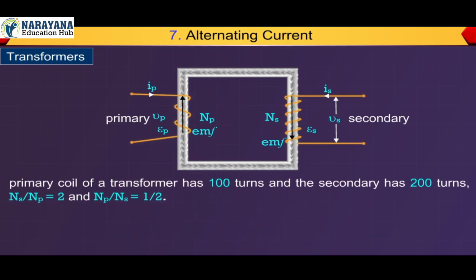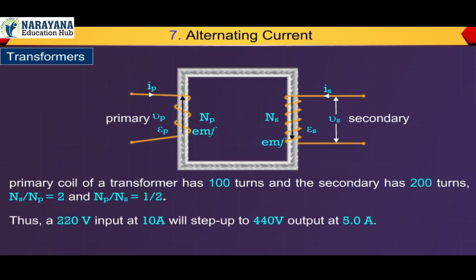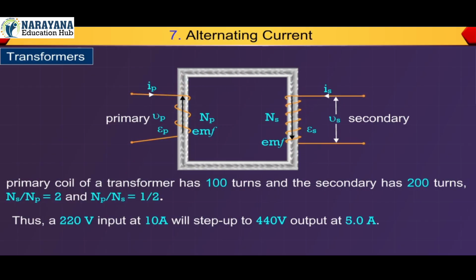Np/Ns is less than 1 and Is is less than Ip. For example, if the primary coil of a transformer has 100 turns and the secondary has 200 turns, Ns/Np is equal to 2 and Np/Ns is equal to 1/2. Thus, a 220 volt input at 10 ampere will step up to 440 volt output at 5.0 ampere.